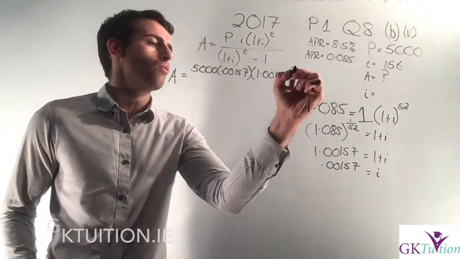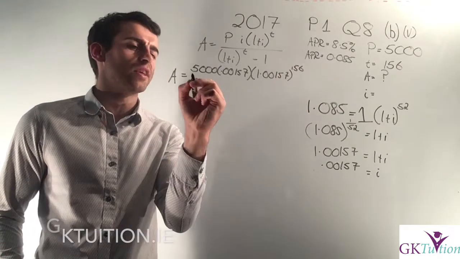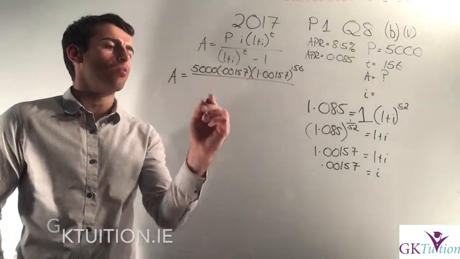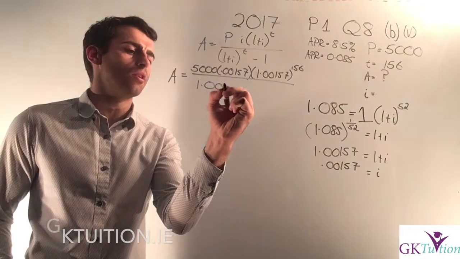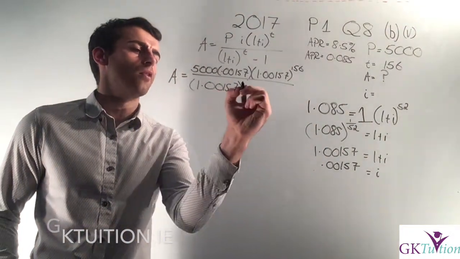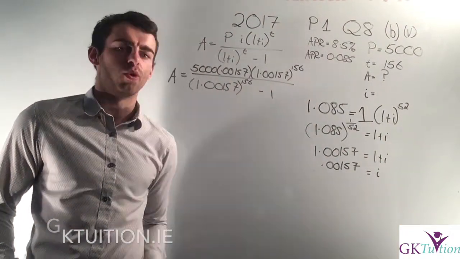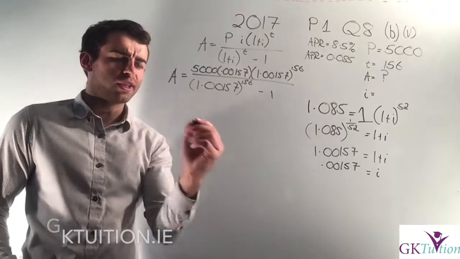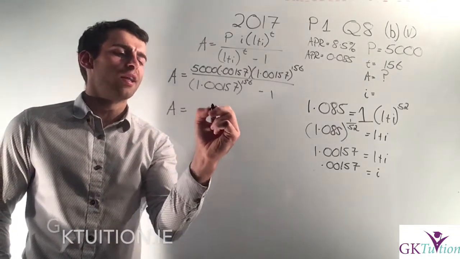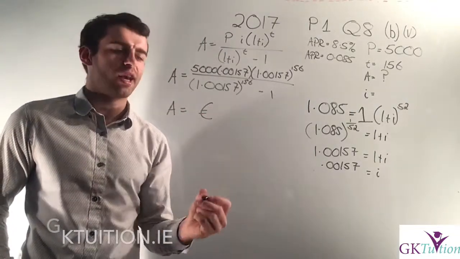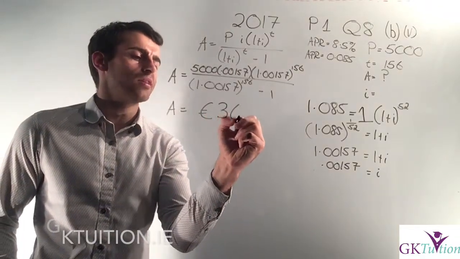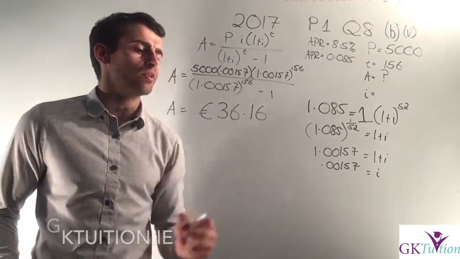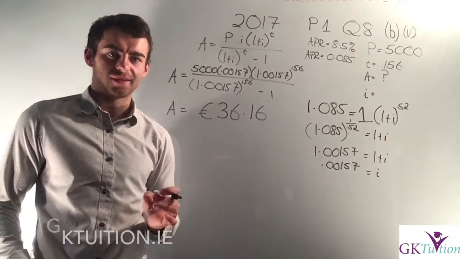In this case, the number of weekly repayments is 156. And I'm going to divide that by 1 plus I, which is 1.00157, to the power of 156 minus 1. We can just plug this all straight into our calculator, and since it's money, it makes sense to go to 2 decimal places. So that means that the value of each weekly repayment is going to be €36.16.